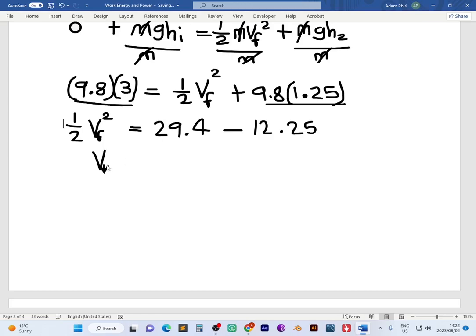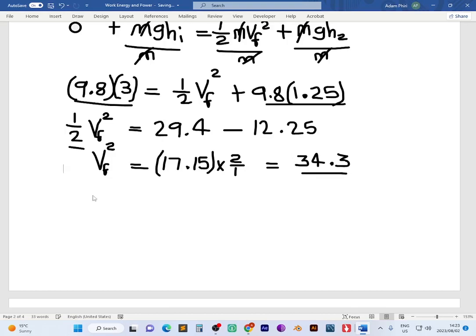So V final squared will be 17.15. That is our answer, and then we multiply that by 2 over 1 to give us 34.3.